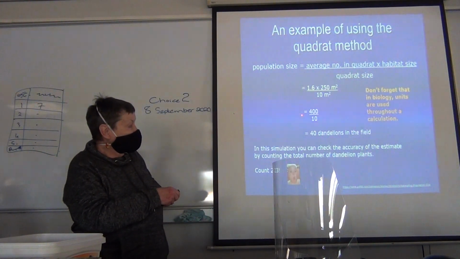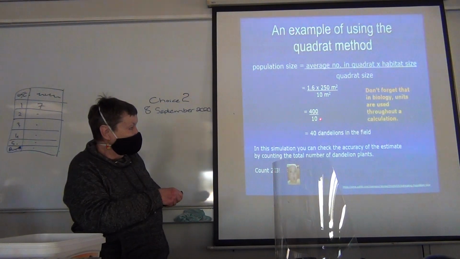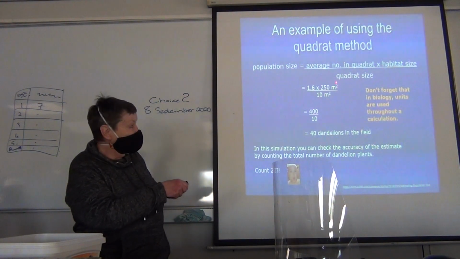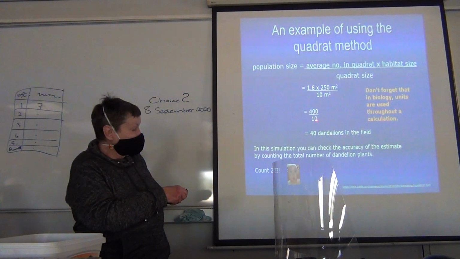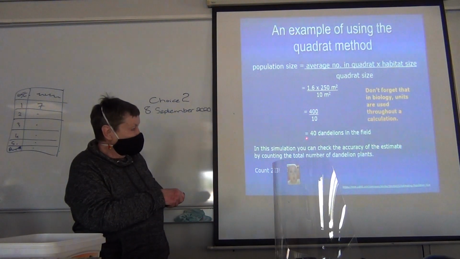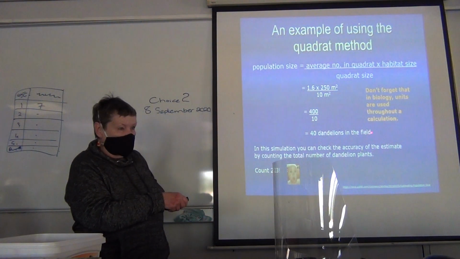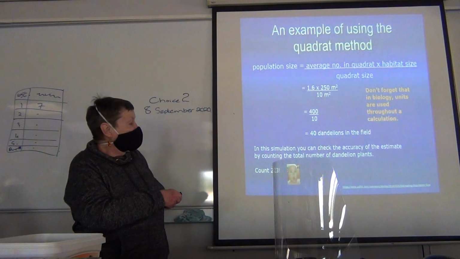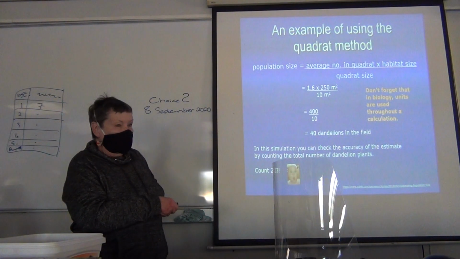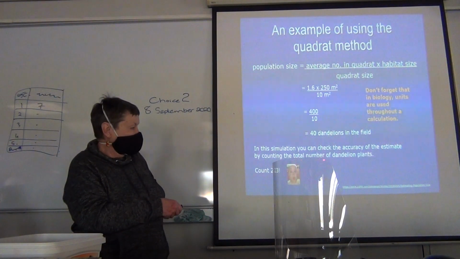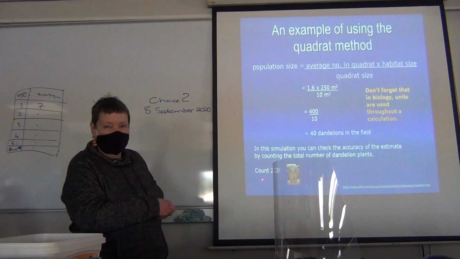So it would be 1.6 times that, which is 400 meters squared. You've cancelled out the units now, because that cancels with that. Divided by 10 equals 40 dandelions in the field. You can then check the accuracy in this simulation by counting the total number of dandelion plants. And the total count was actually 23.